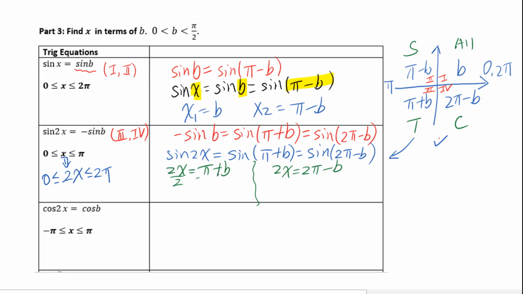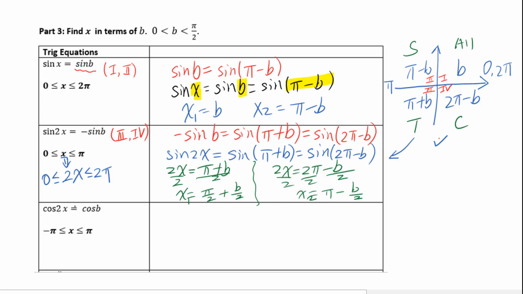Divided by 2, you will get x equals pi over 2 plus b over 2. Divided by 2, you will get x equals pi minus b over 2. This is x1, here is x2.